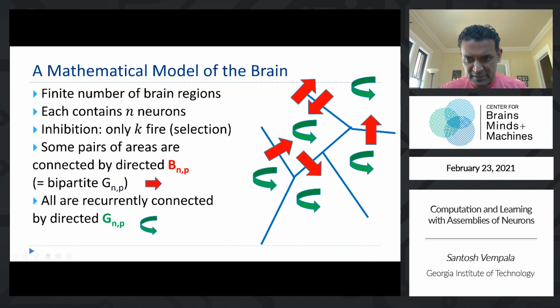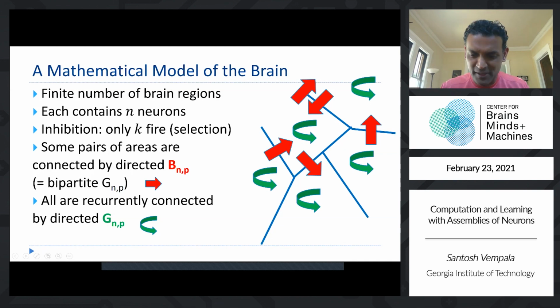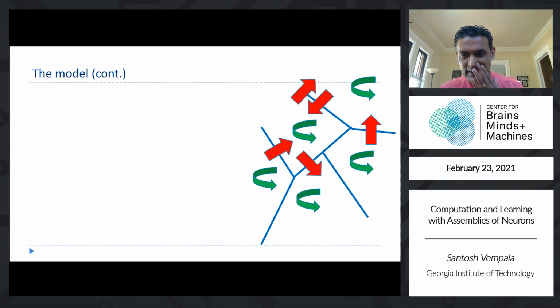So there are recurrent connections within each area, and that we'll model just as G and p. Again, the n and the p could have been different, but let's just say n neurons in every area and probability p of an edge being present. This is the base connectome, so to speak. You can already contrast this with any modern deep learning architecture. But okay, now that's the setup of the graph.